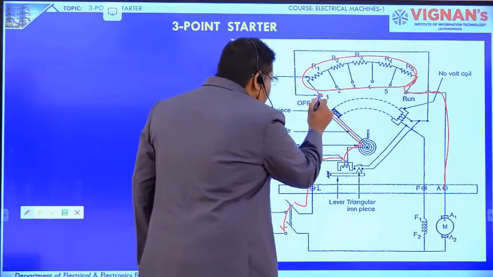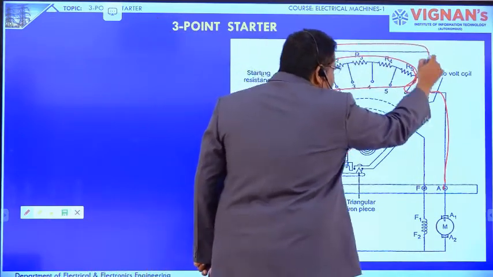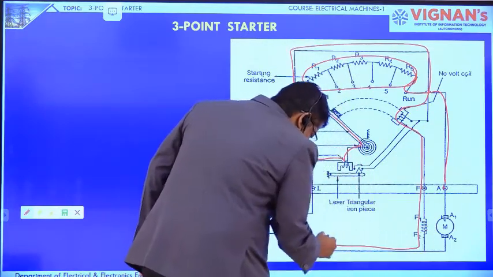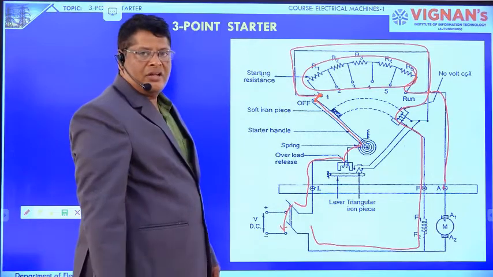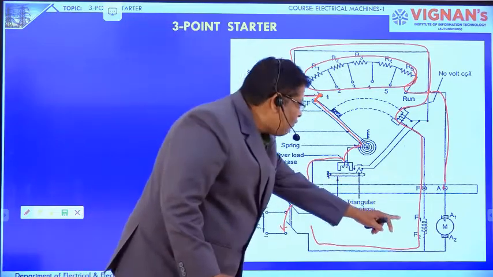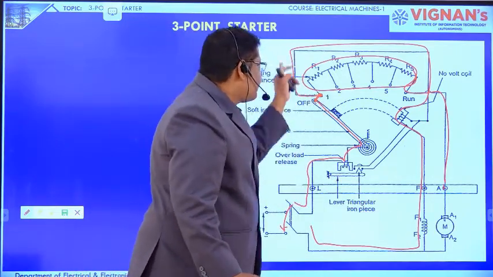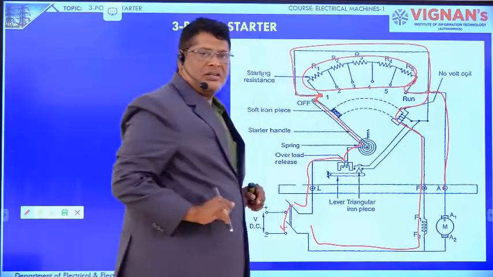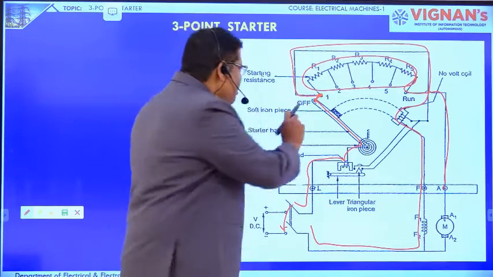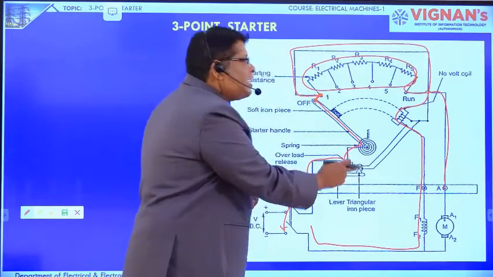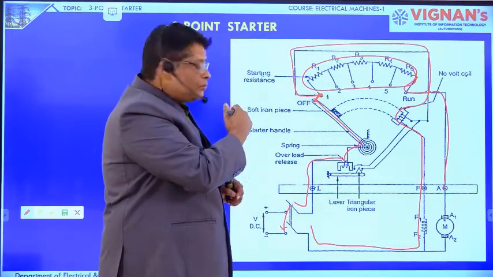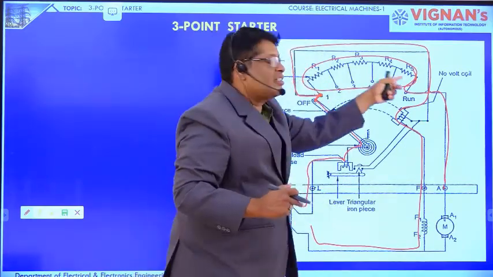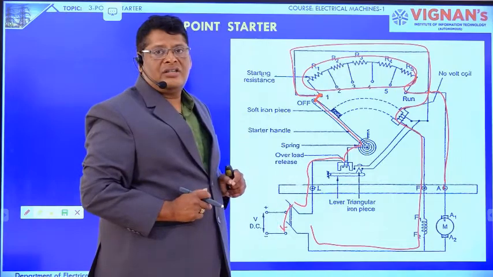From stud 1, one more wire goes to the holding coil and to the field winding in this manner. Nothing but the field winding is connected across the supply. When the handle is at position 1, the field winding is directly connected to the supply, whereas the armature has the total resistance added.